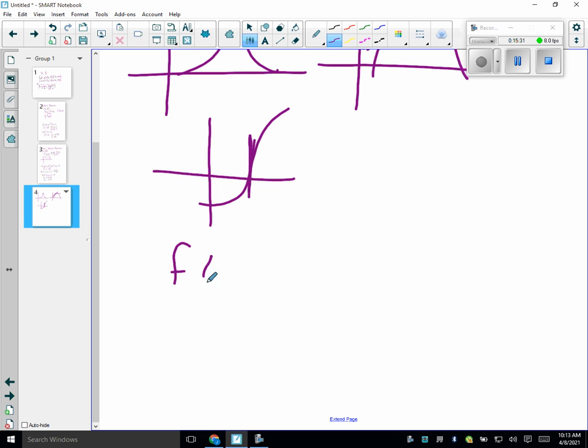So if I give you f of x equals x to the 1/3 times x minus 1 squared, all I want to do is find the critical numbers. The critical numbers are when f prime equals 0 or when f prime does not exist.